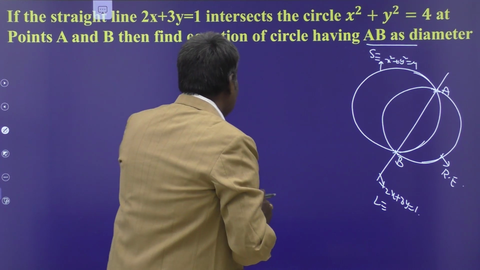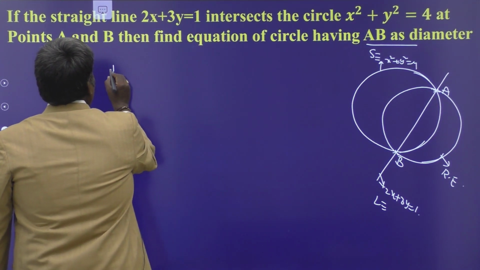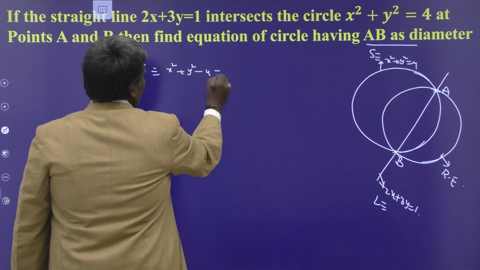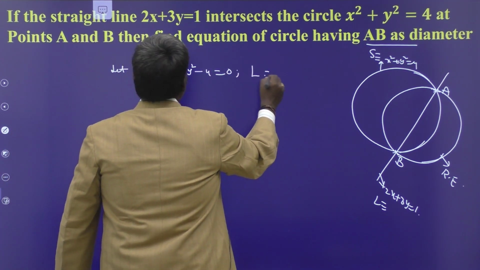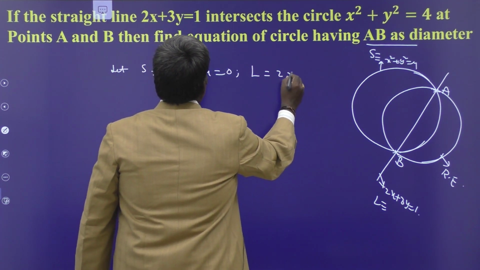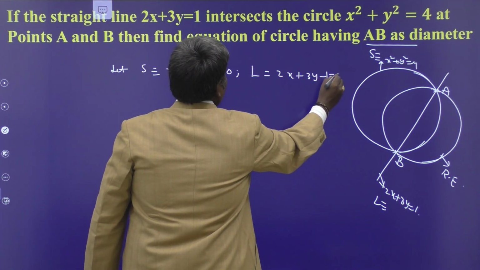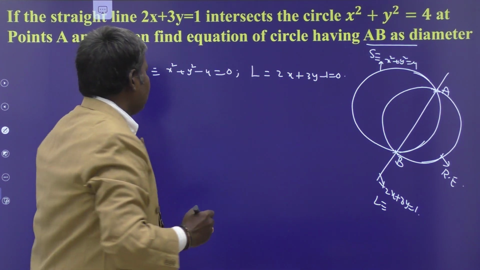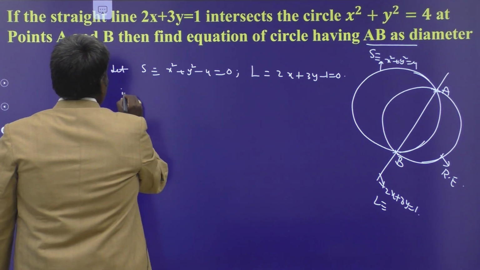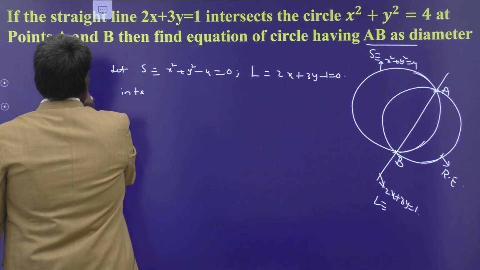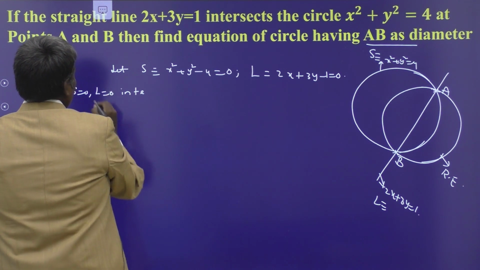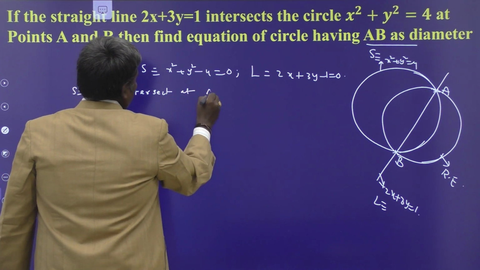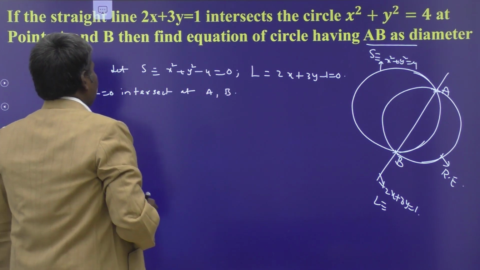First of all, I will write that note. Let S is equal to, the given equation of circle, x square plus y square minus 4 equal to 0, and line L is 2x plus 3y minus 1 equal to 0. S equal to 0, L equal to 0 intersect at A comma B. This is given information.